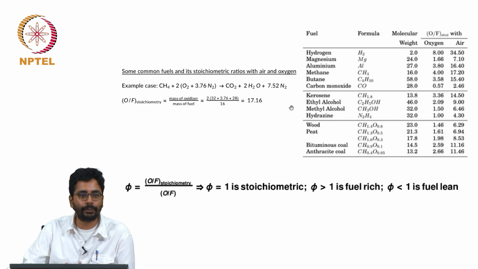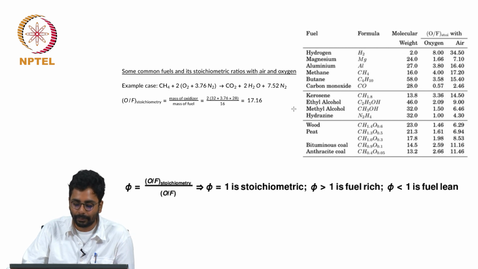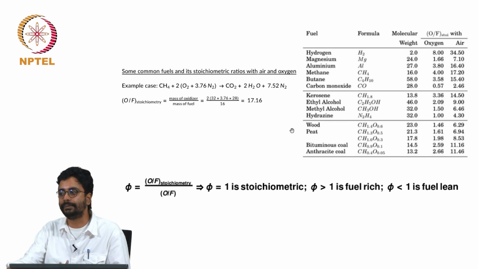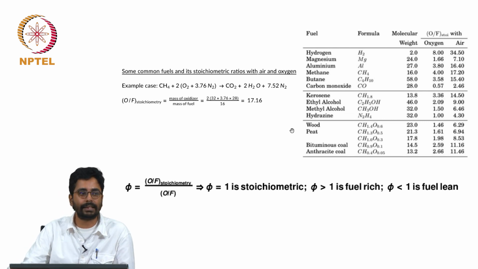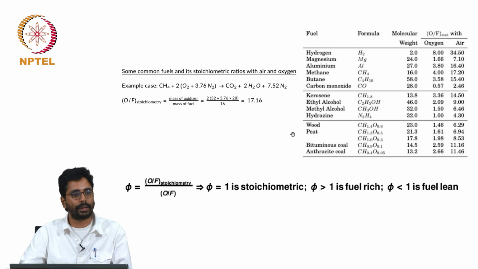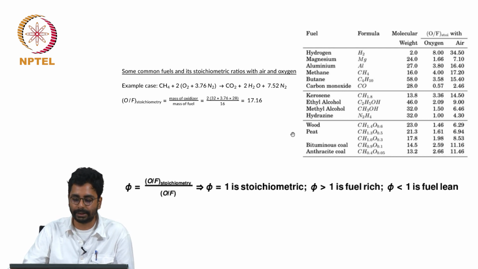Some interesting fuels that I want you to notice are some metals. You see that magnesium is listed as a fuel, aluminum is listed as a fuel. These are highly energetic metals, which when they oxidize release a lot of heat, and are used in rocket fuels, especially in solid rocket motors.